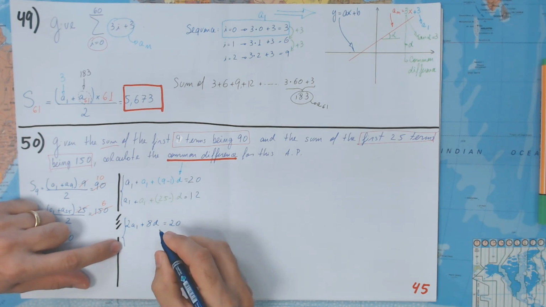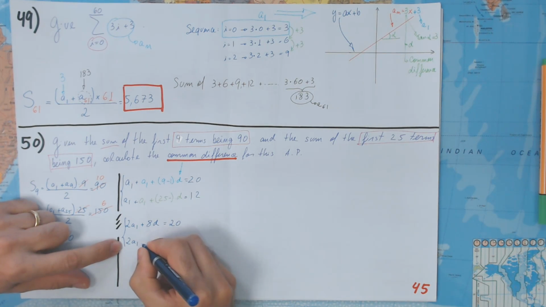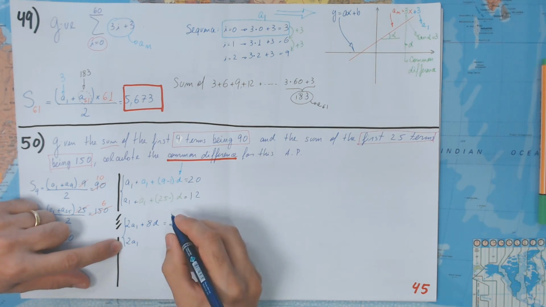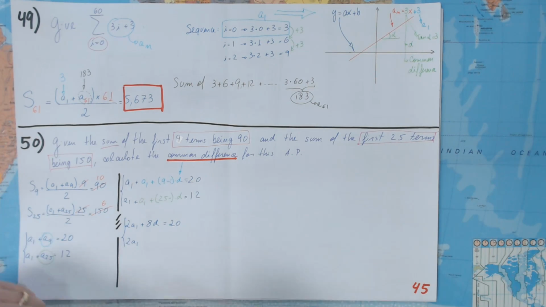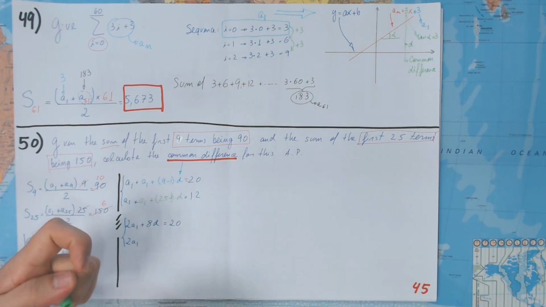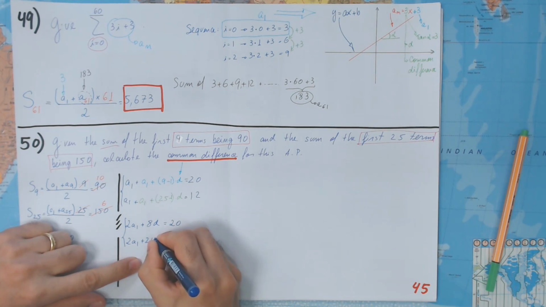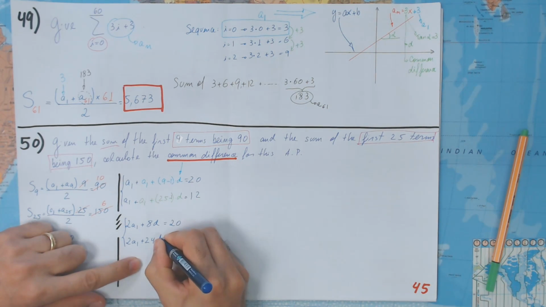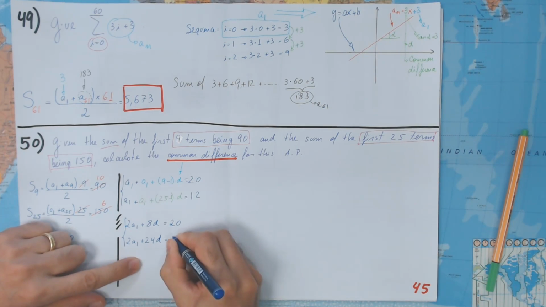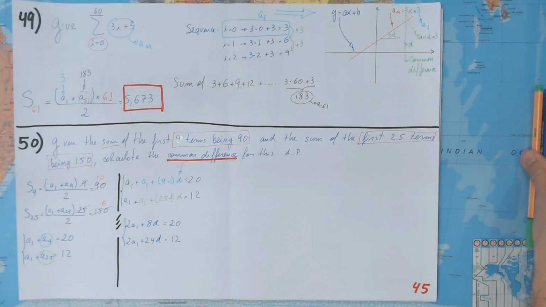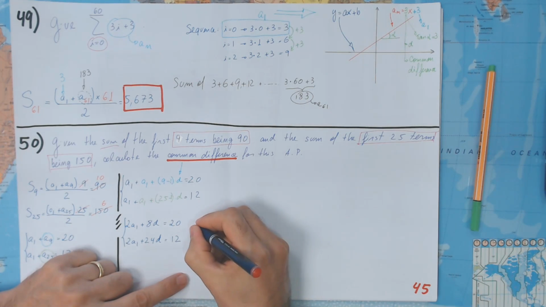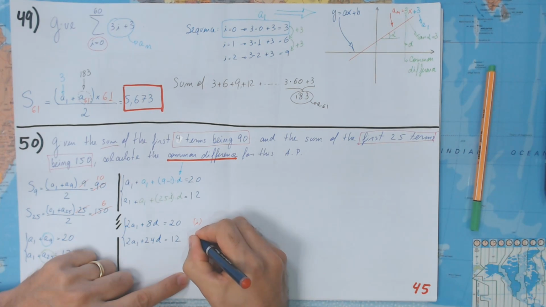I'm going to solve A1 in a way I never did. This is 1, right? I'm sorry, there is a 1 missing in here. This is 24 plus 24d equals 12. Well, and now let's call this our first equation.